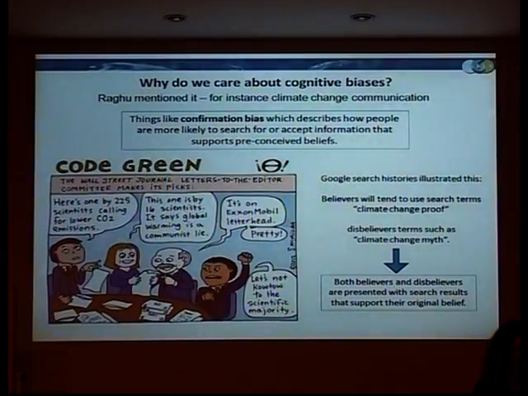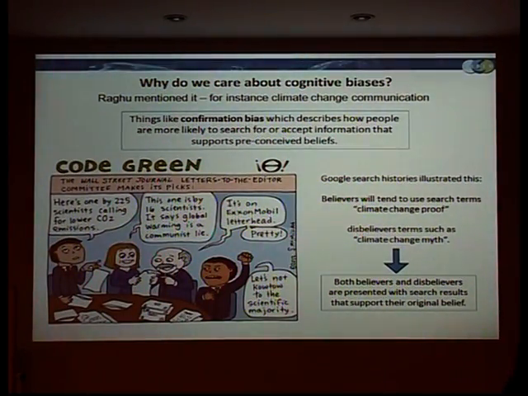And that matters because they did this experiment where they looked at the search terms that people used to look for climate change information. So the believers will search for words like climate change proof, whereas the skeptics will look for words like climate change myths.